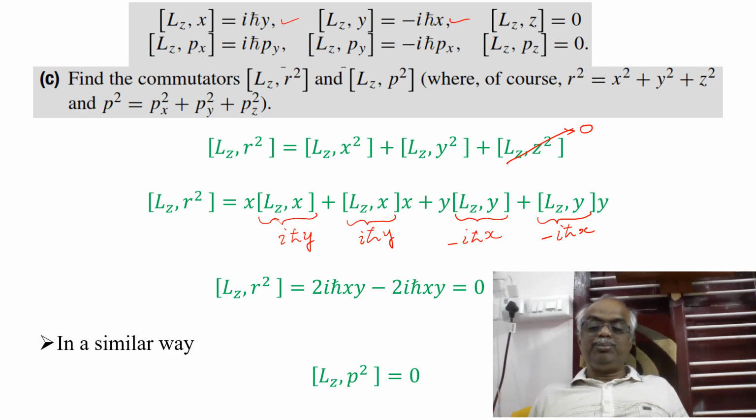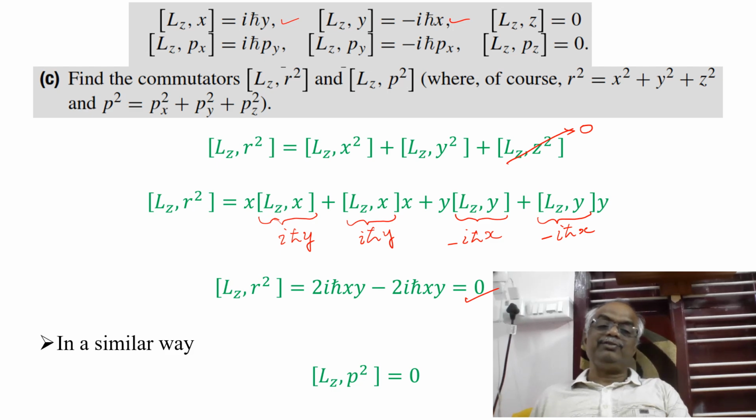So if you add both, you will get 0. So the commutation of Lz with R squared will be 0. You do the same thing for Lz with P squared. In a similar way, you will get Lz with P squared also will be 0.